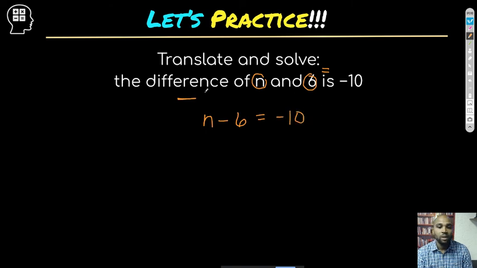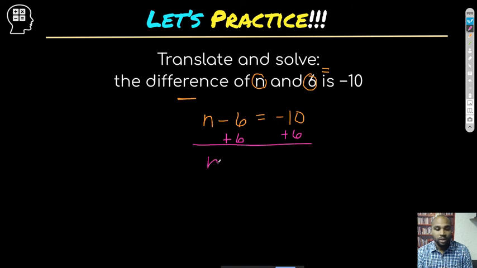So that's probably the hardest part, maybe, is translation for some of us, is trying to get it to look like this. Now I know what I need to do to solve it. I want to get n by itself. So I want to get rid of this negative 6 over here. So I'm going to add 6, because that's the inverse operation of a negative 6, or subtract 6. And I'm going to add 6 here.